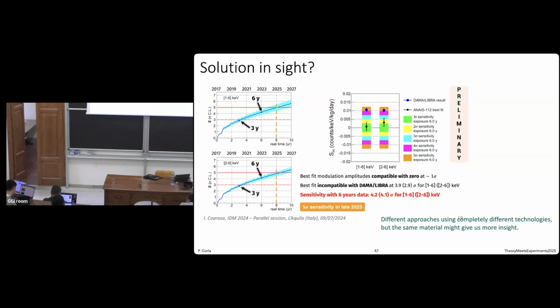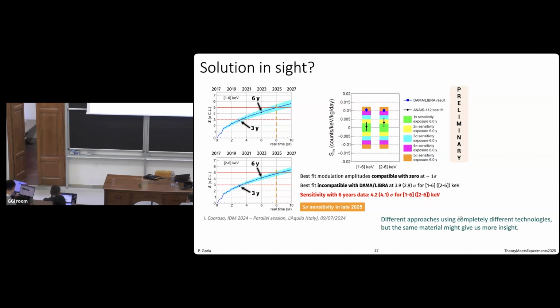For example, water in the mountain, so water that moderates neutrons, for example, has some kind of annual-ish modulation, but it's not with the proper phase. So all the attempts so far to explain the gamma signal in different ways didn't succeed. Nevertheless, I think it's difficult nowadays to say that there is still room for the gamma signal being a dark matter signal.